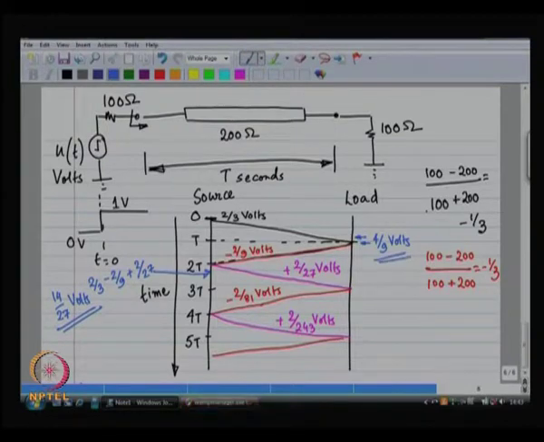This is the value at the source side right after 2t, and right after 3t the voltage on the load side is going to be 2 by 3 minus 2 by 9 plus 2 by 27 minus 2 by 81. So it is 14 by 27 minus 2 by 81, that is 40 by 81 volts.